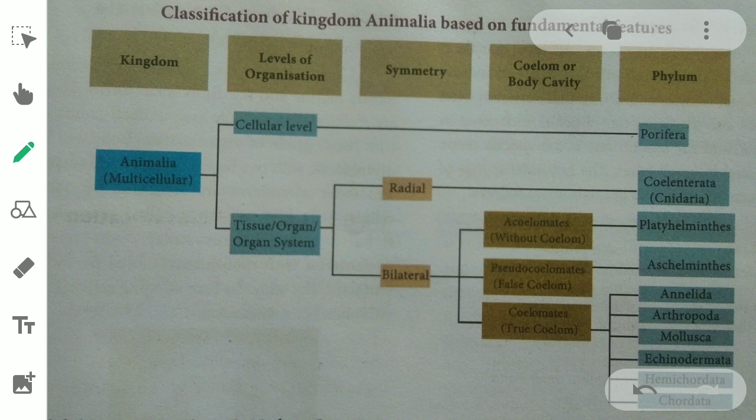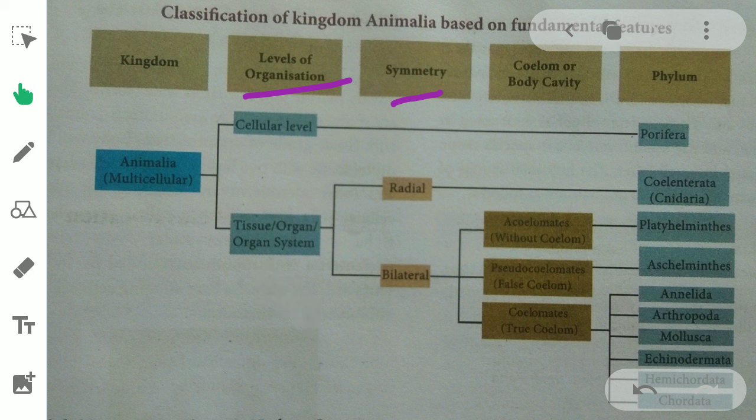Now, classification of the animal kingdom based on fundamental features. Recall what we studied so far. The kingdom is divided into small groups based on the level of organization, symmetry, coelom or body cavity, or phylum. Now, the multicellular animal kingdom is classified into cellular level and tissue level.